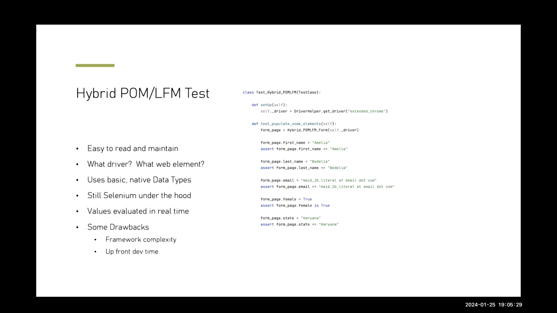It does have some drawbacks though. Your framework does start to get a little bit more complex because you're declaring not just your element, but also those wrappers around it. You might also have to design special objects to interact with those elements in a way that enables this. At the same time, you're getting the benefit of being more accessible to people. There's also a lot of upfront dev time.